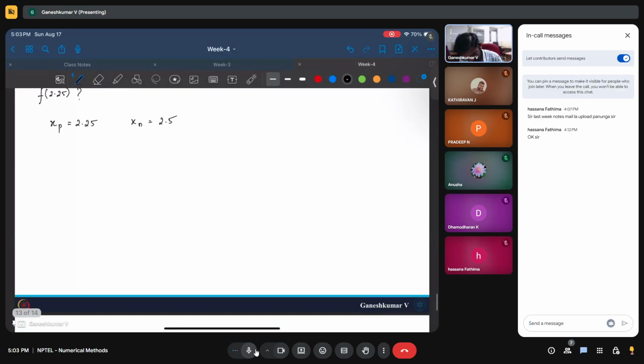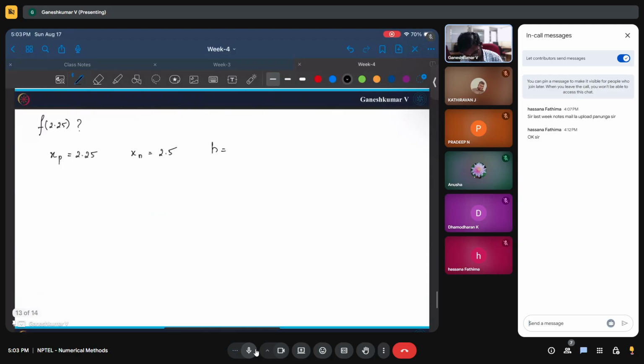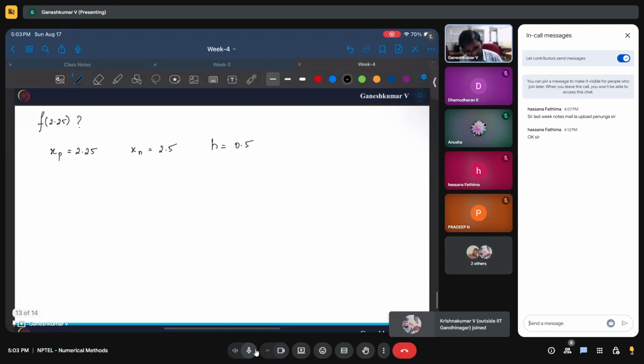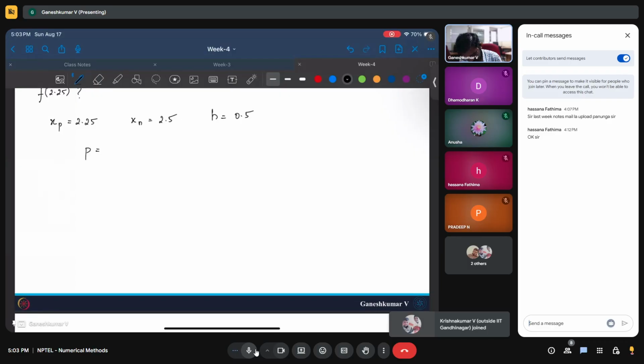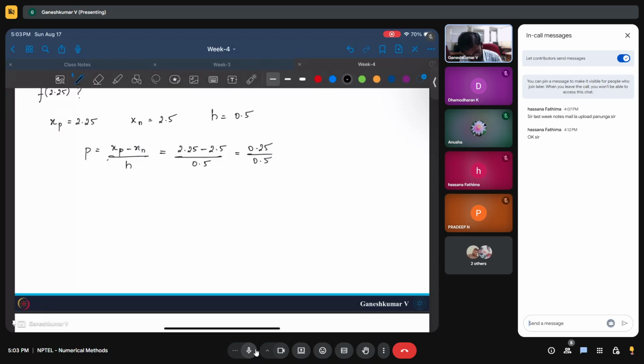what happens? Your h we know it is 0.5. Now p is going to be xp minus xn divided by h, which is 2.25 minus 2.5 divided by 0.5. This will be 0.25 by 0.5. Should be 0.5.